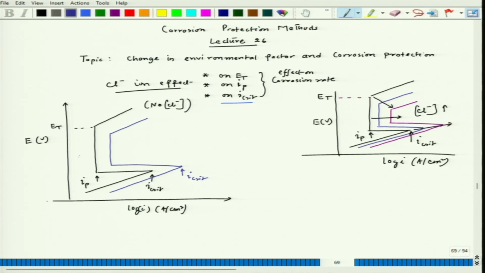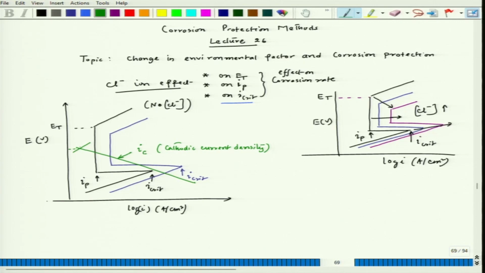Now, as per mixed potential theory, let us say this is the cathodic part. This particular polarization corresponds to IC, the cathodic current density. Okay.